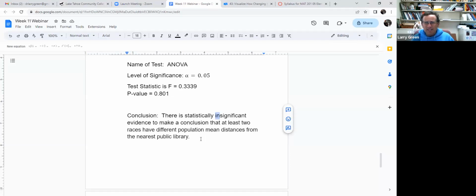Okay, if you got a really low p-value, could you tell which races are different? Which is the bigger one? Which is the smaller one? Could you do that? Any thoughts?